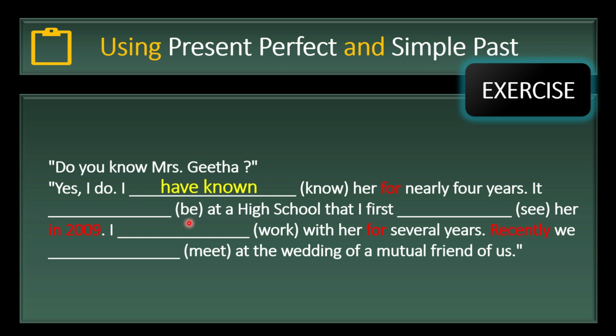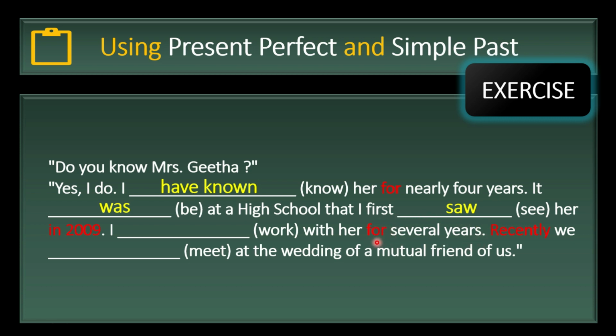We have be here, and the past forms of be are was and were. Now it is singular, so we use it was at a high school that I first, again simple past, saw. It was at a high school that I first saw her in 2009. The key phrase in 2009.